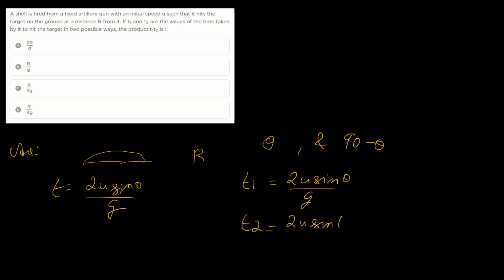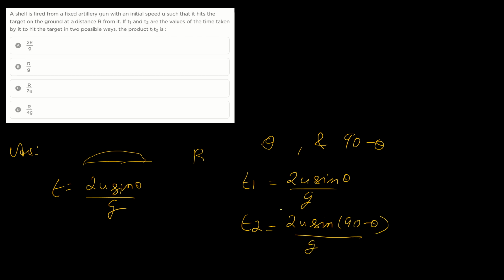If t1 and t2 are the values of time taken by it in two possible ways: one possible way is to hit the target at an angle theta, and the other possible way is to hit the target at an angle 90 minus theta. So t1 will be based on theta, that is 2u sine theta by g, and t2 will be based on the angle 90 minus theta, that is 2u sine of 90 minus theta by g.